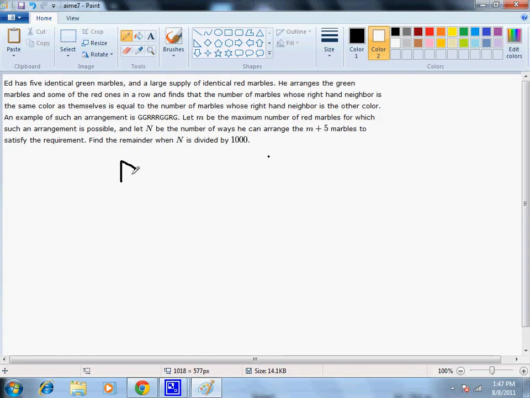So let's say you have, might want to use a different letter, let's say you have n red marbles in a row. So the number of marbles whose right-hand neighbor is the same color is n minus 1, and those with opposite colors, of course, is 0.